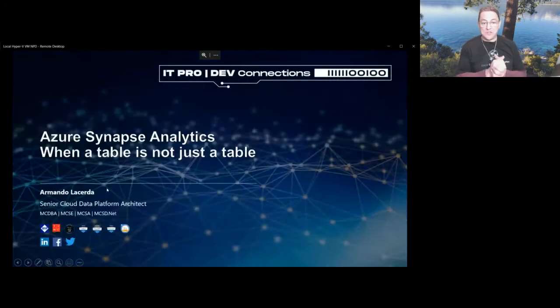A couple of introductions before we get into the subjects. So again, my name is Armando Lacerda. I am a senior cloud data platform architect. I work with a company here in Georgia, in another state here in the United States. The company's name is Wintellect, and it's a consulting and training company. I'm particularly involved in the projects that are associated with the data platform in Azure. I work with databases. I've been working with databases for over 30 years.